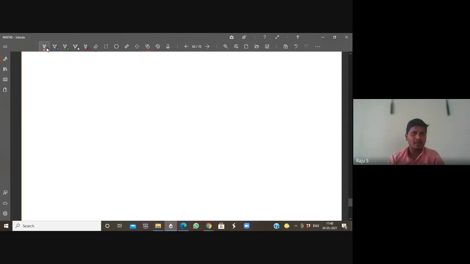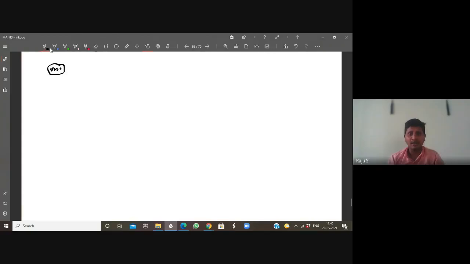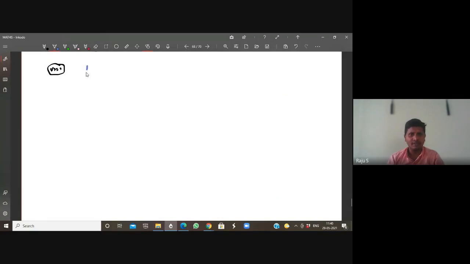Sir, can we write the eighth directly in roster form? First of all, what is the given set? If we consider 8 as H, I'm taking H is equal to X such that, what is the condition they have given?